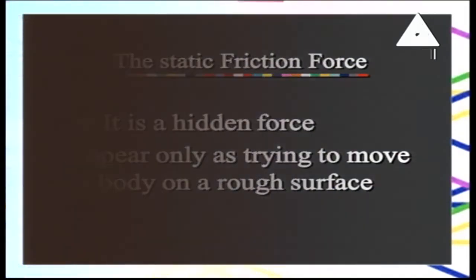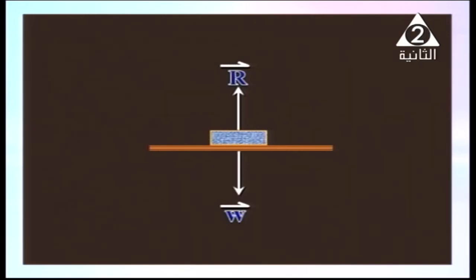Look at this body put on the surface, it has reaction force and weight. Then by Newton's third law, every action has a reaction, equal in magnitude and opposite in direction.